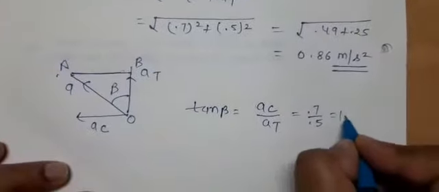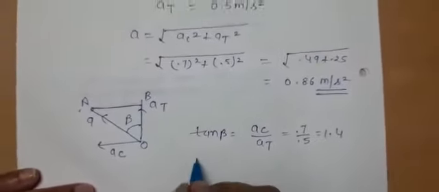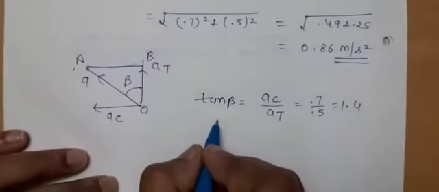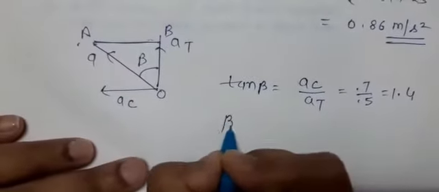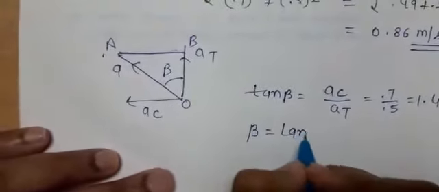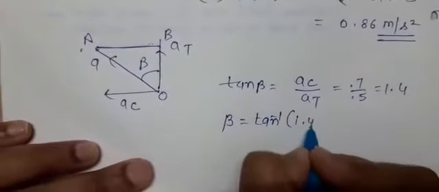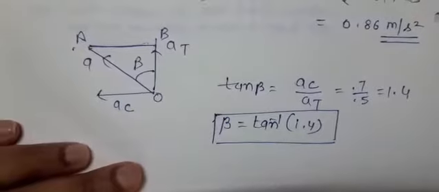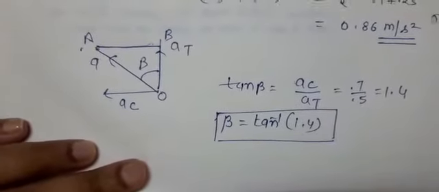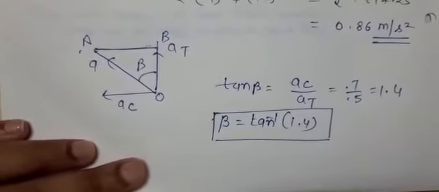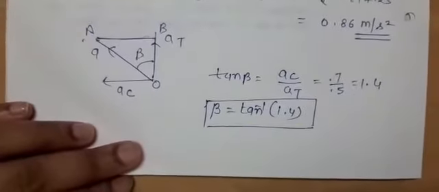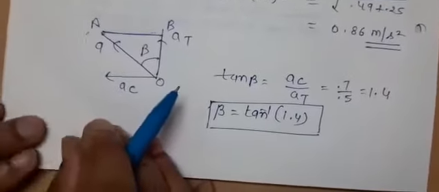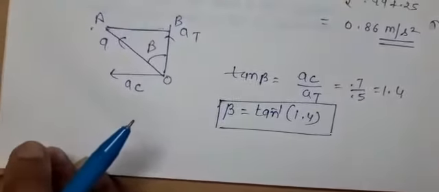It is 1.4. Right? So you can use natural tangent tables, but because we have not told you directly about this table, you can directly write in this form. This is also a correct form. You can leave the answer up to this point, because these tables cannot be explained like this. You have to learn this from maths.